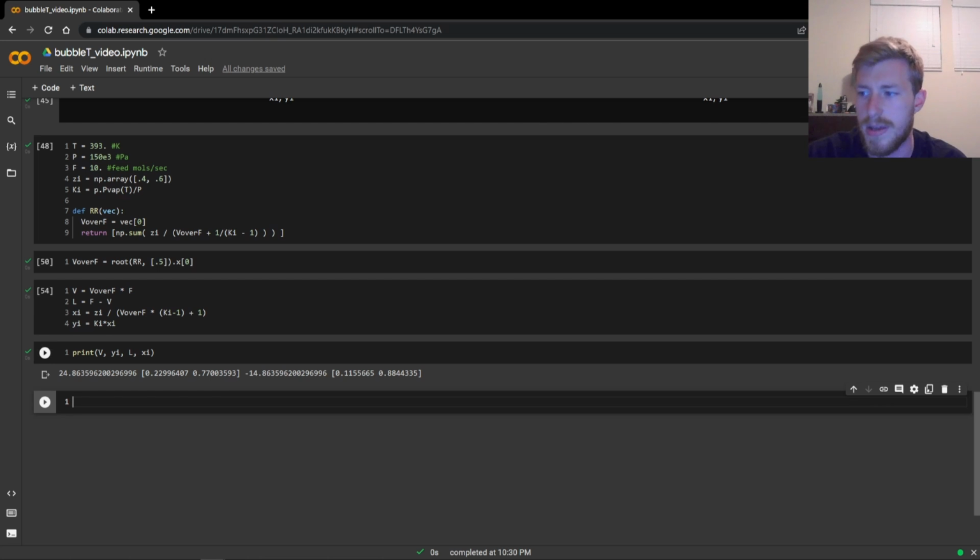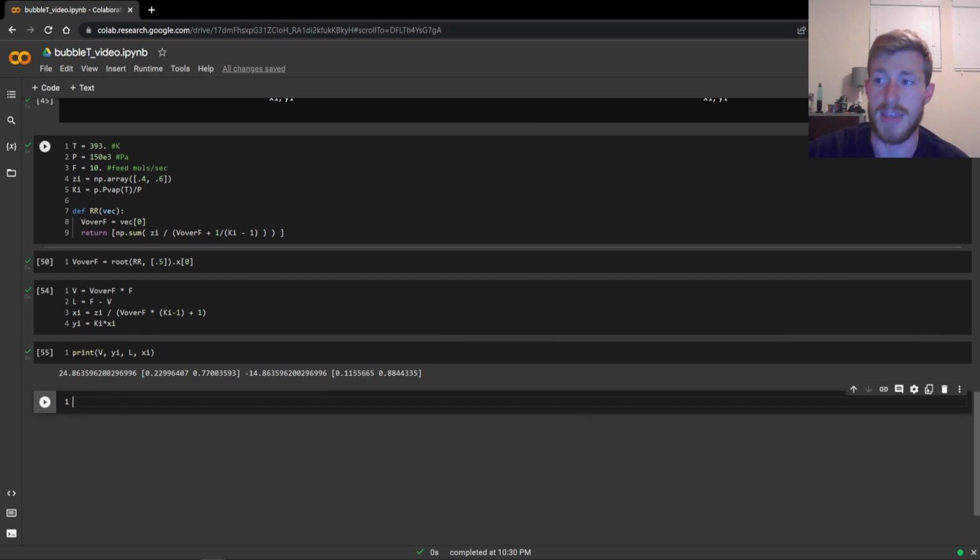And our liquid is negative 14 moles per second compared to the 10 moles of feed per second. And the composition there is 0.11 moles of benzene and 0.884 moles of toluene. These numbers, again, are a bit funky and hard to understand because the numbers are so strange, 24 and negative 14 out of 10 feed moles per second.